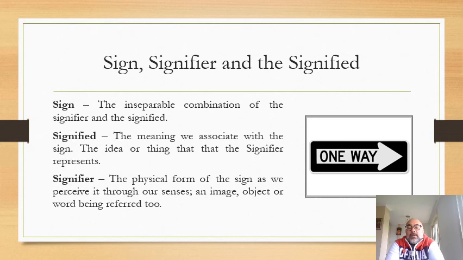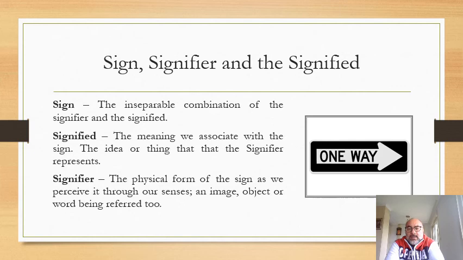If you have a look at the sign on the right hand side, one way, you see the sign, like the traffic sign, yes, but also from a semiological perspective, you divide this traffic sign into three main areas that make this traffic sign a sign.